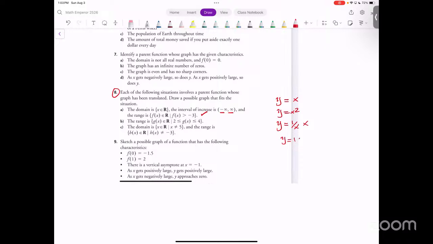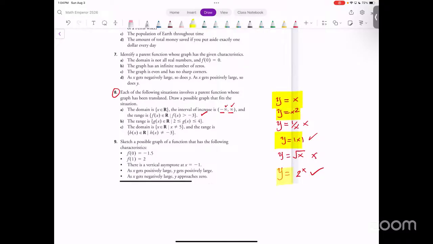y equal to the absolute value of x falls into the category, right? y equal to the square root of x won't fall into the category, because the domain is not -∞ to +∞. Now, y equal to an exponential function falls into this category. Now, we can see that we have only a few options to choose from. Graph something like that, or something like that.